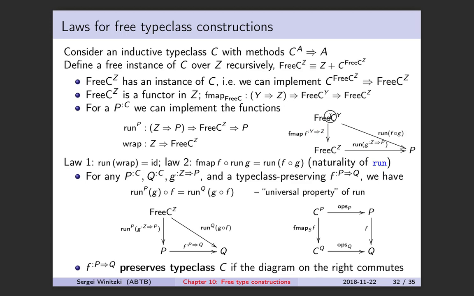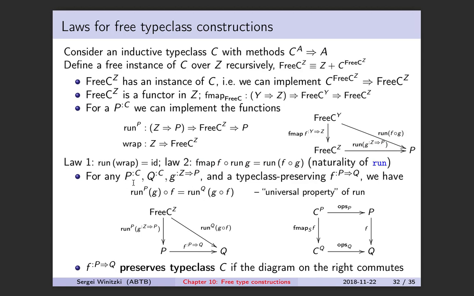And then you can run this into p, or you can run this into p, and that shouldn't be different. So you can first run directly with the combined function, or you can run first by transforming into z, and then you can run from z, and it should be exactly the same.